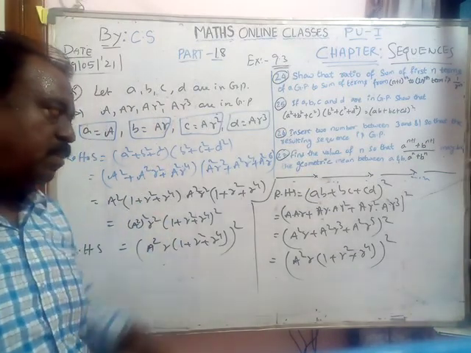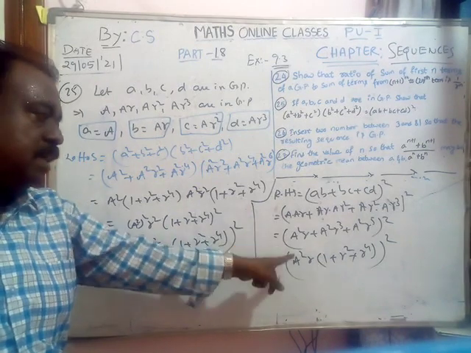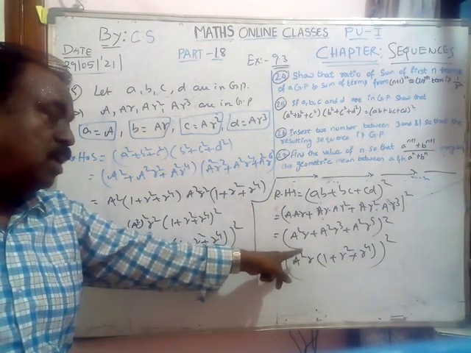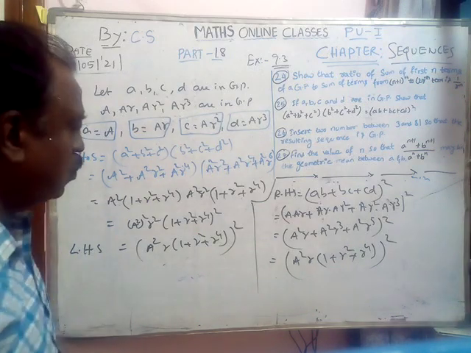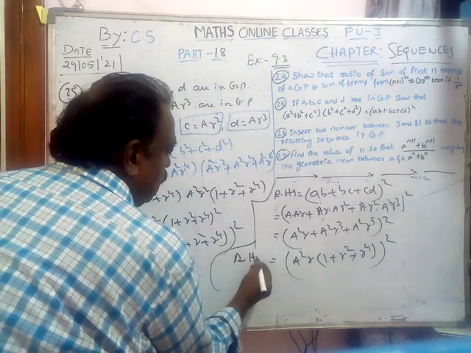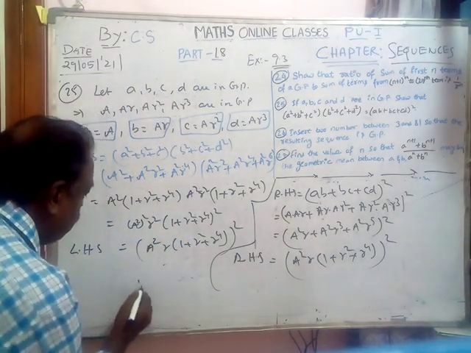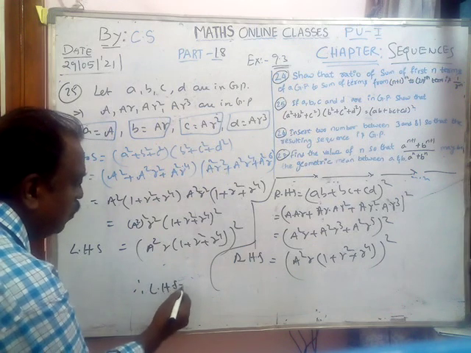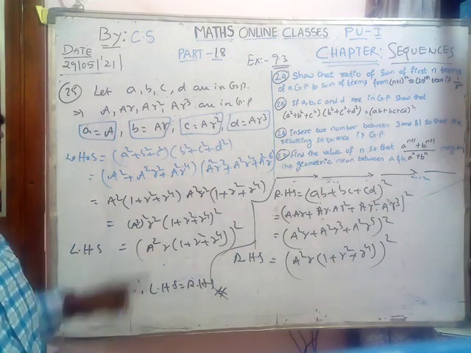In the bracket, that term A square R is taken as common. So here the RHS and LHS are same. Therefore, LHS is equal to RHS. Hence the problem is solved.